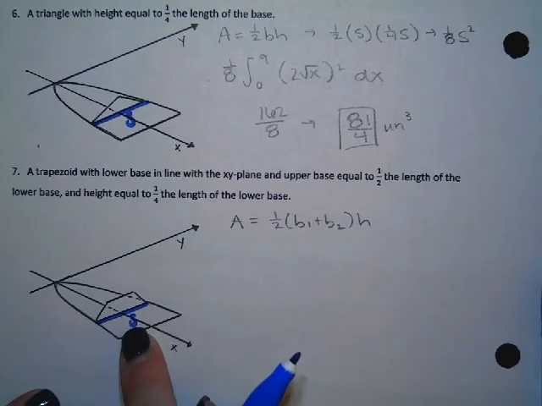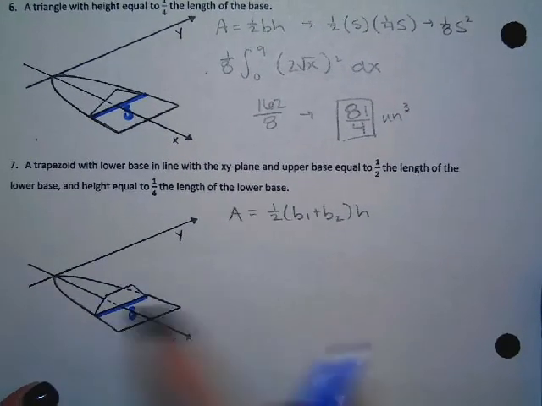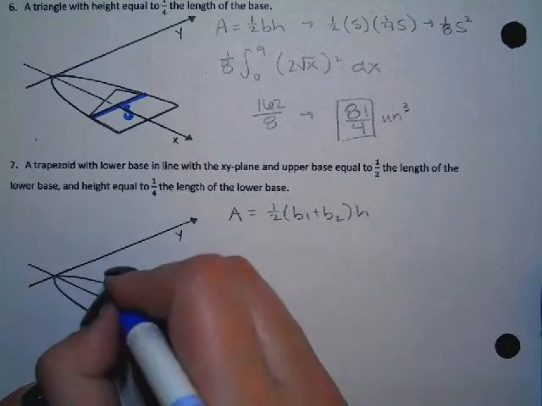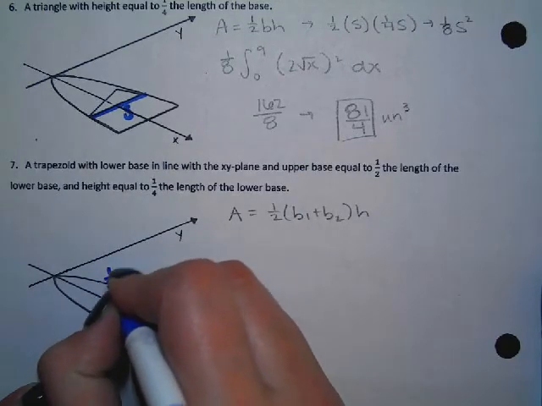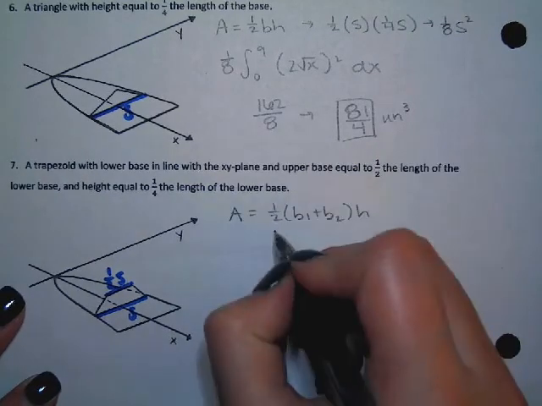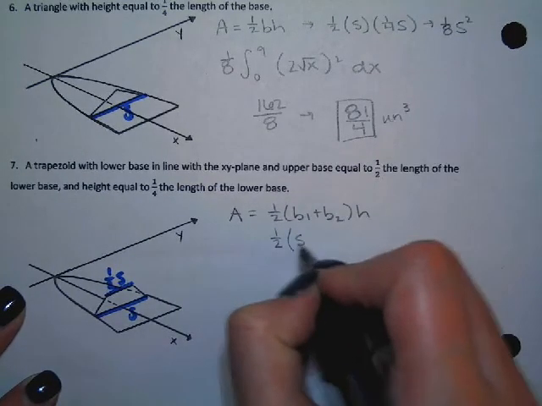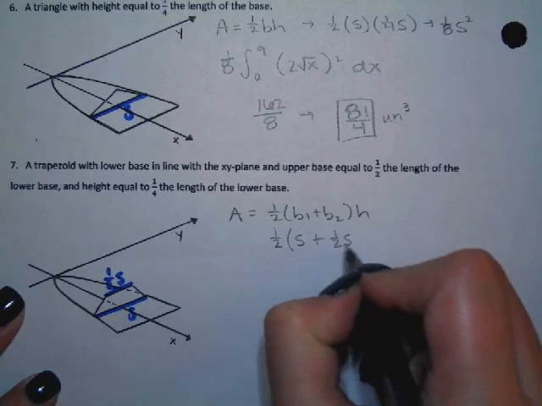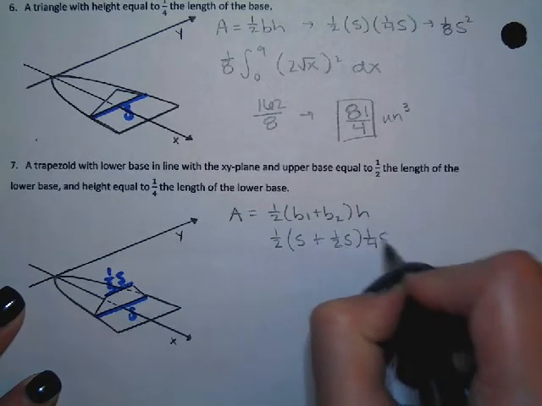So if the lower base is S, then what's the upper base? 1/2 S. And a height that is equal to 1/4 the length of the lower base. 1/4 S.